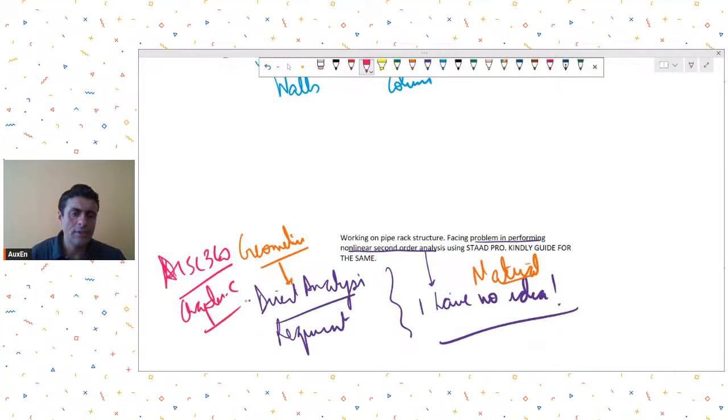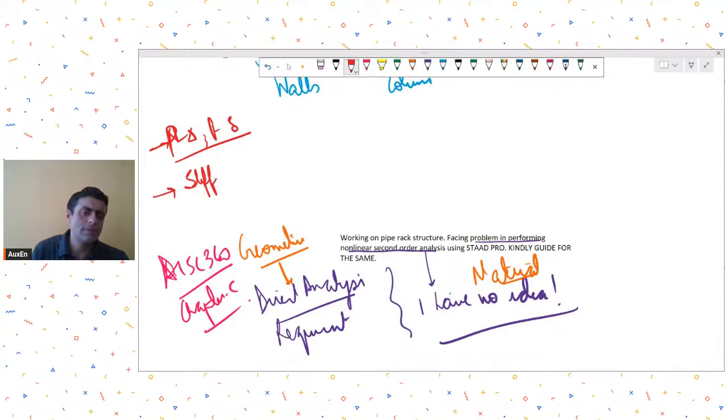Your STAAD.Pro and ETABS are able to do the direct analysis checks, where you have to consider the P-Delta (P capital delta and P small delta) analysis, where you have to consider the stiffness modification.